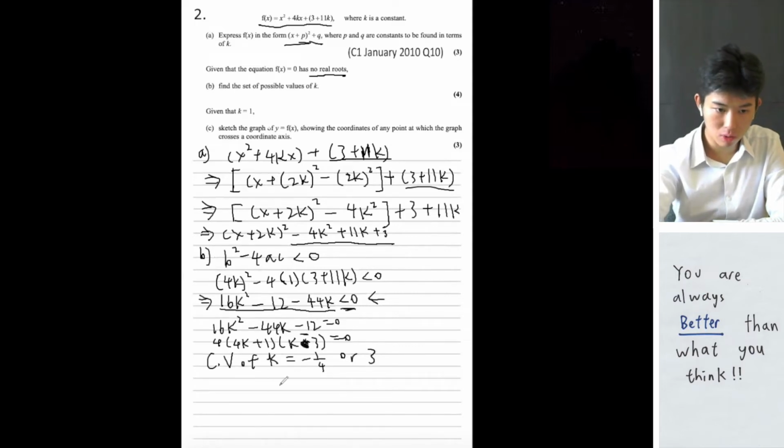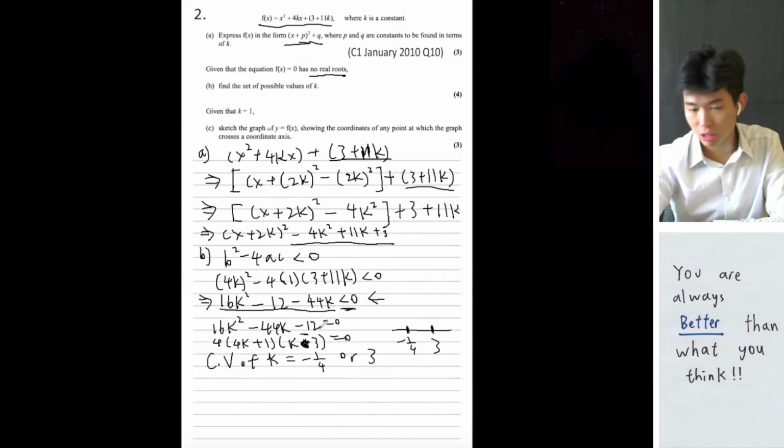Okay, so when you know the critical values, all you know is there's 2 points on the line graph. Minus 1 over 4 will be here and 3 will be here, and all you have to do is focus on the sign. Substitute any value that is between minus 1 over 4 and 3, such as 0. When you put 0 into this equation, it would be minus 12, which is a negative value, so I will put a negative sign here.